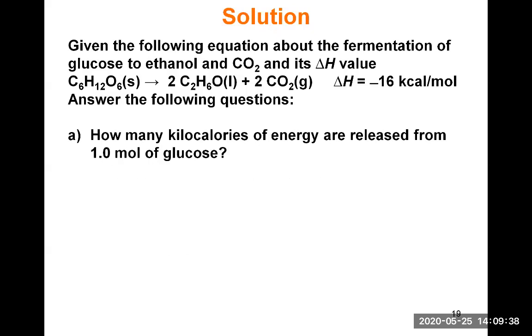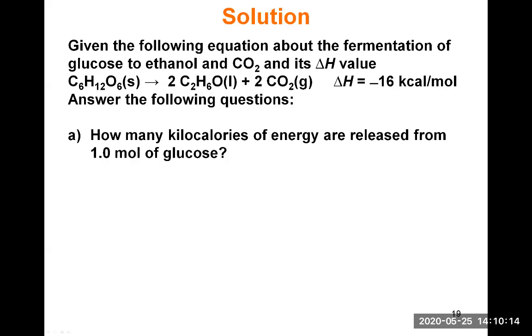And so what we didn't say earlier is that when you have the heat of reaction, negative 16 kilocalories per mole, and it's associated with a chemical equation like that, it means for the chemical equation as it is written, per mole of reactant here, so per mole of C6H12O6, you will make 2 moles of ethanol and 2 moles of carbon dioxide.